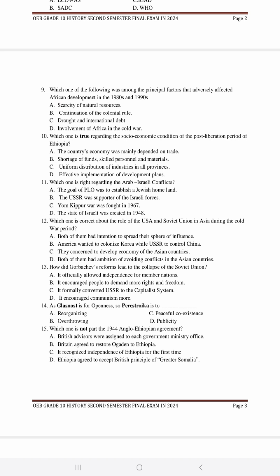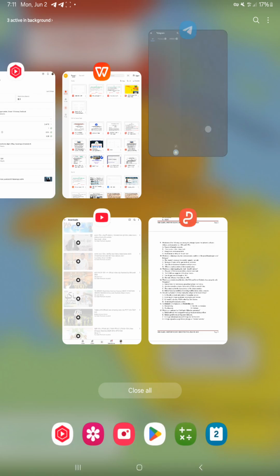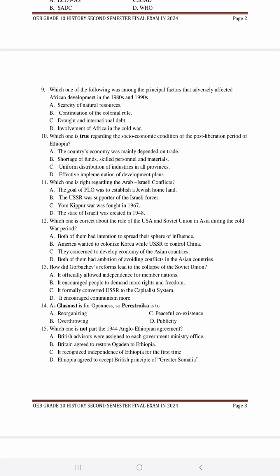C. Drought and international debt. C is the correct answer. Drought and international debt are the two principal factors that affected African development. Is it the involvement of Africa in the Cold War?